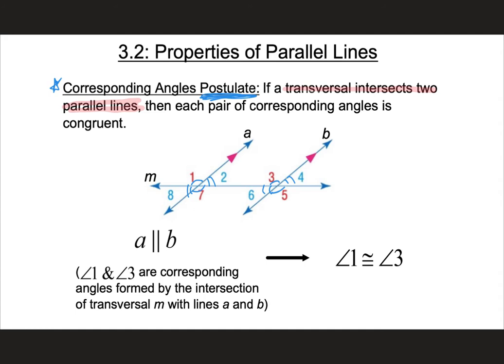It starts with parallel lines, and then because you have parallel lines, you have congruent angles. If you don't have parallel lines, then you cannot say the angles are congruent. And as always, it must be on the transversal you're talking about. Even if you have parallel lines in the picture somewhere, if the lines that your transversal intersects aren't parallel, then it doesn't work.